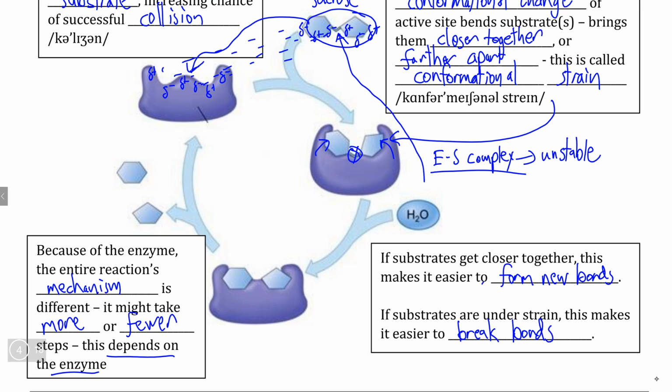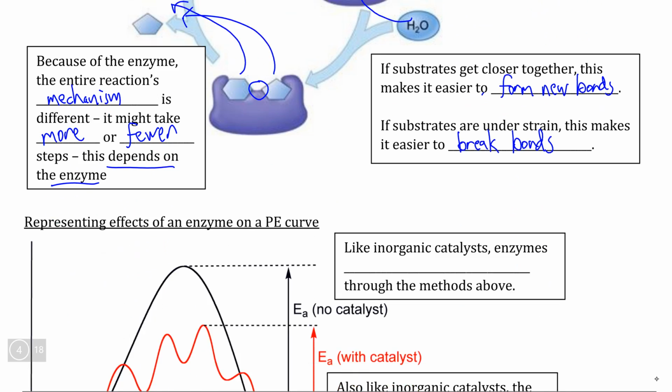I should rather draw the water being added here, and now we can see that the bonds are broken, and because these individual monosaccharides no longer fit into the active site that has undergone conformational change, they will simply be pushed out of the enzyme, allowing it to be reused.